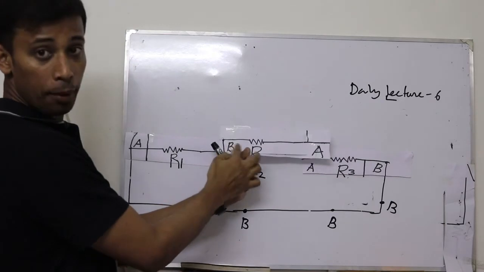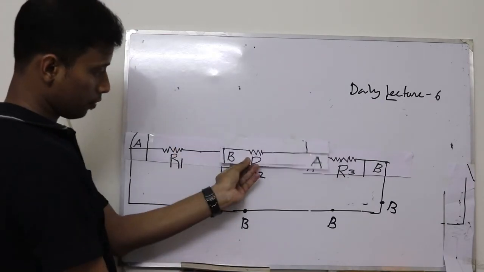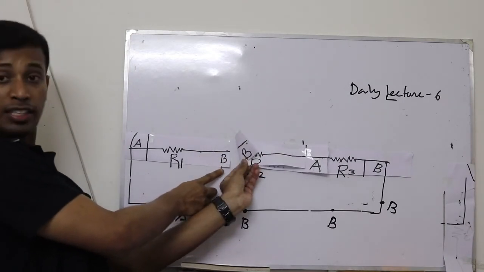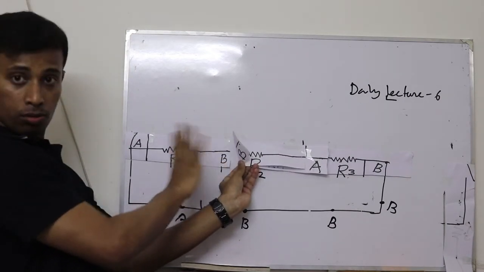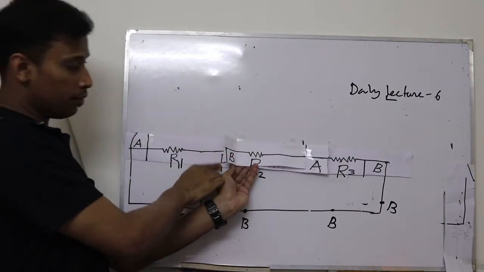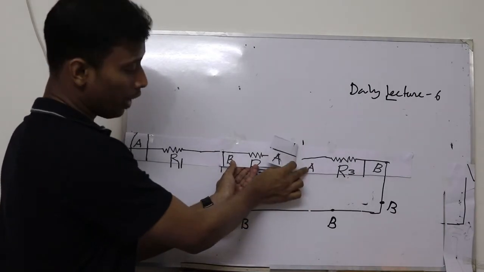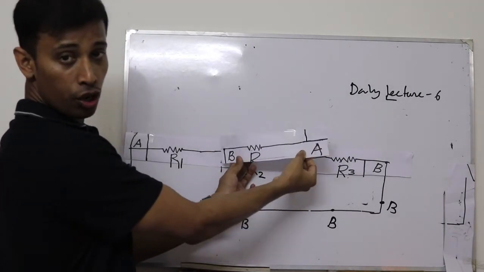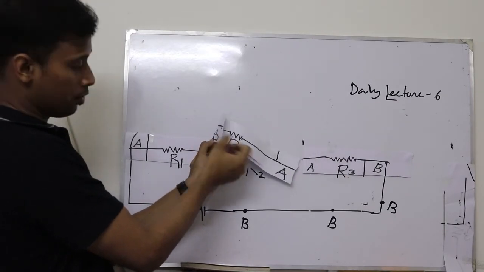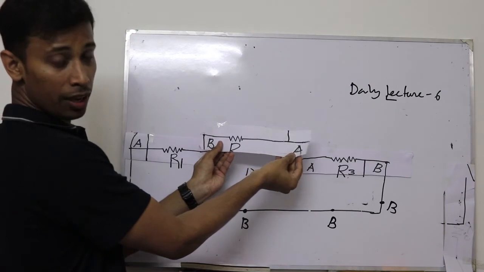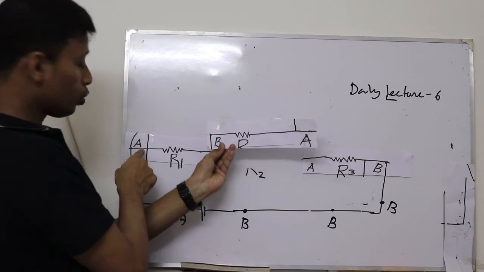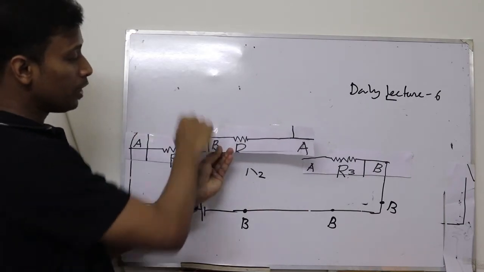Look, this point is B, and this is also B. I'm not changing the points. This is B and this is also B. This is A and this point is also A. So let's take this A into this point and take this B into the other point.